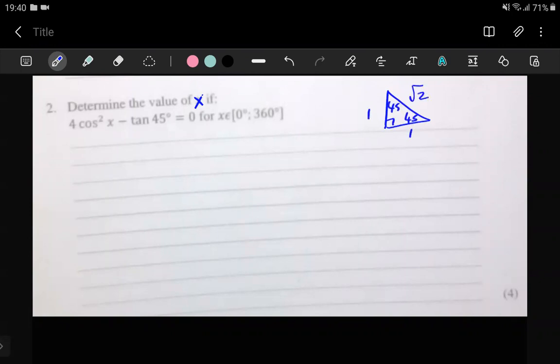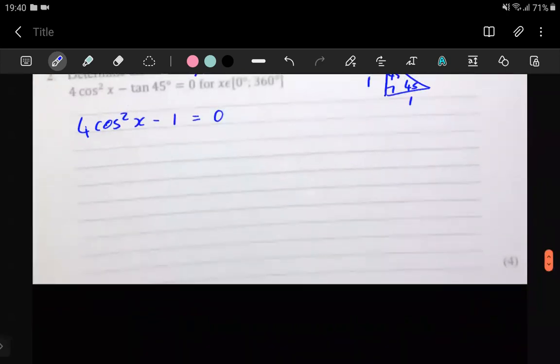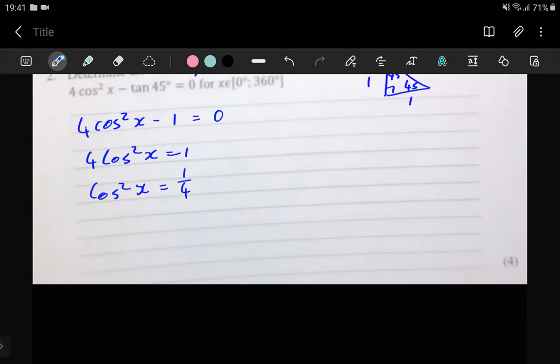So here you're going to have 4 cos squared x, and then tan 45 is opposite over adjacent, so that's just a 1. Solving for x here, we can just take the 1 to the other side. It becomes a positive. And then divide both sides by 4.